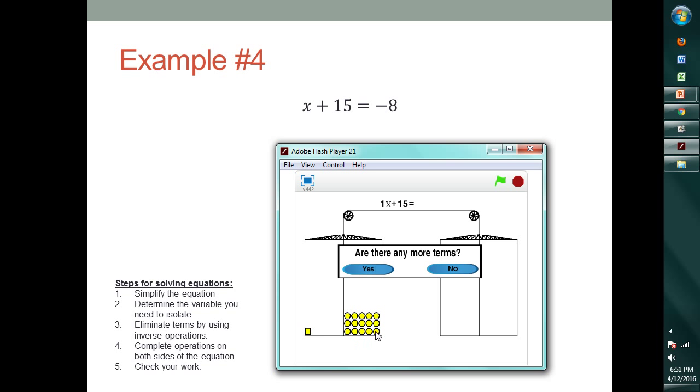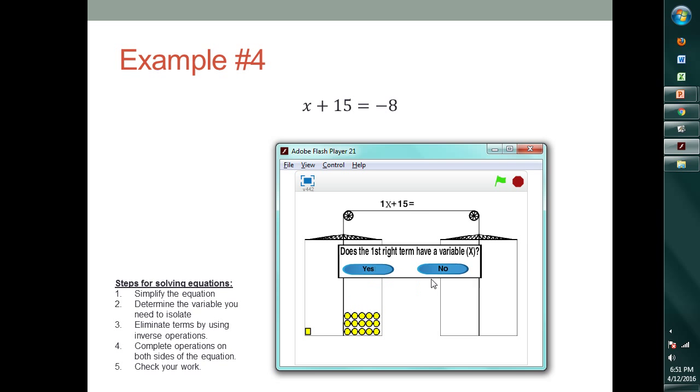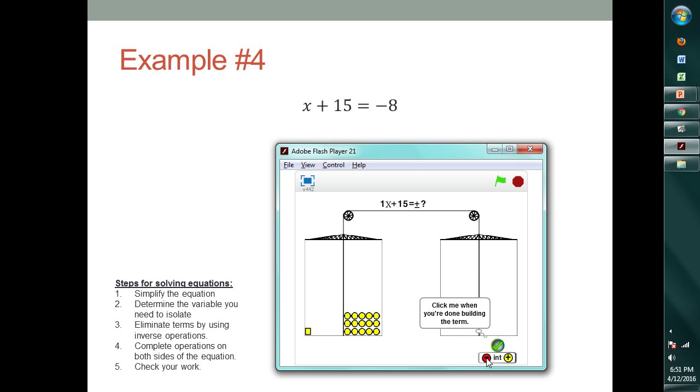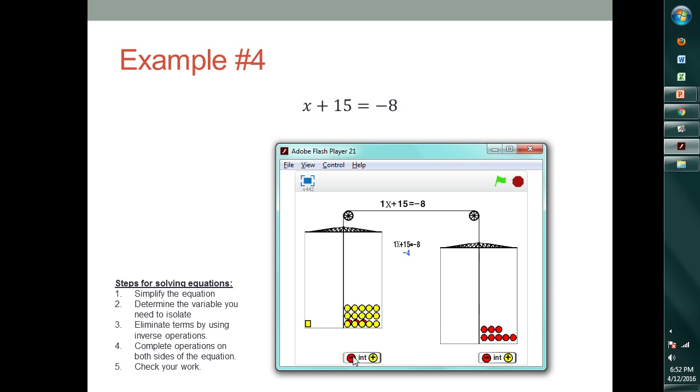And I add 15. No more terms on my left, no parentheses, no division on my right, no variable. I have it matching up. I start working. I need to get x by itself.